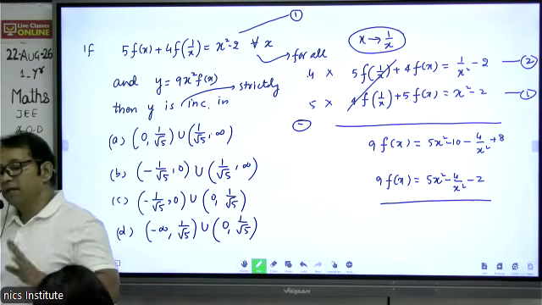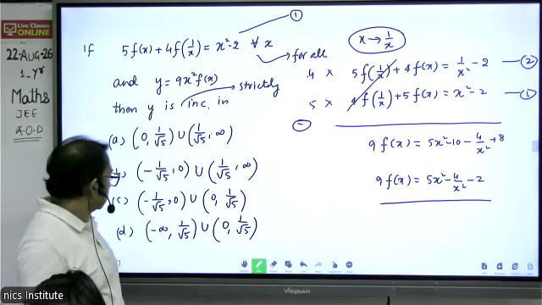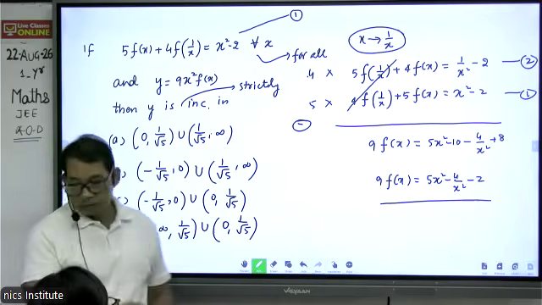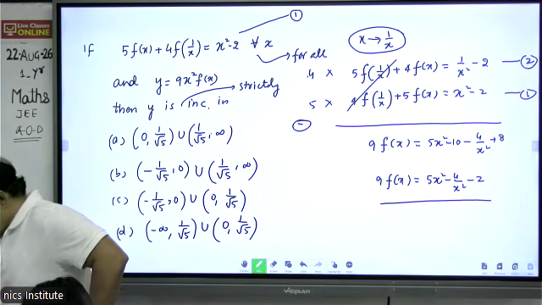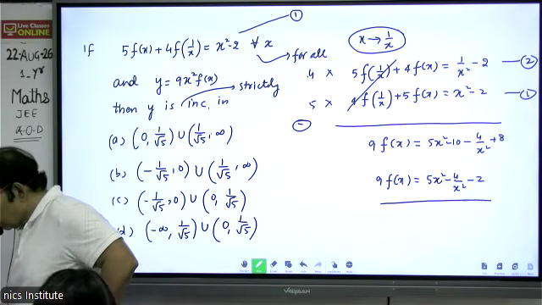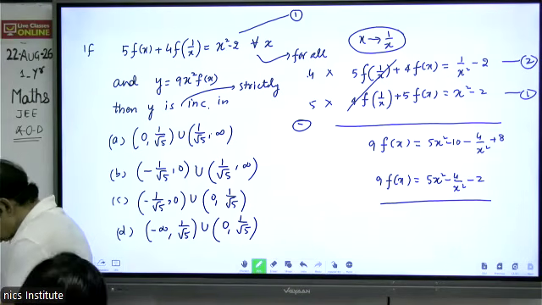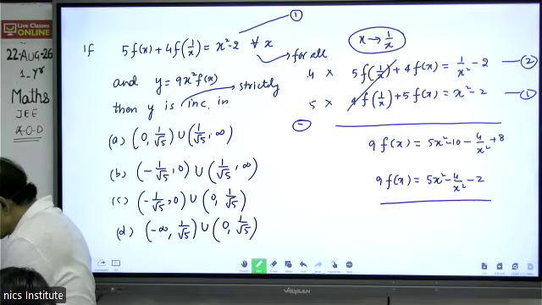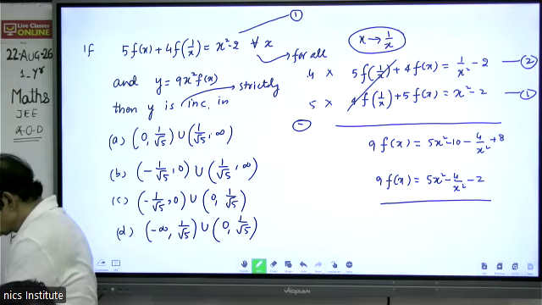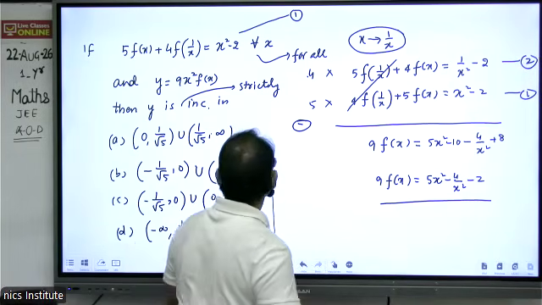So this 9fx you can substitute in the y, है ना? ये आ रहा है? Maybe there's a misprint, but दिया नहीं उन्होंने. This is a function.